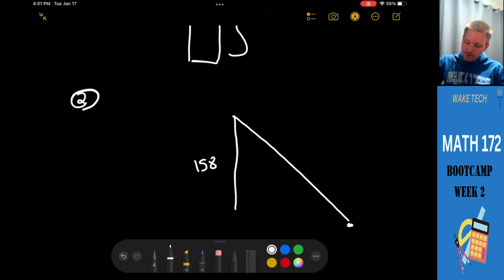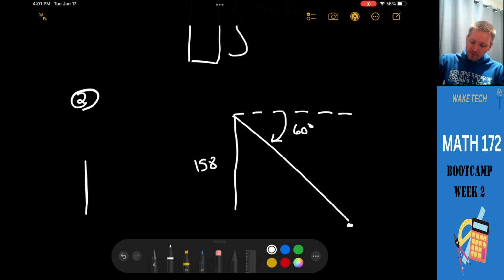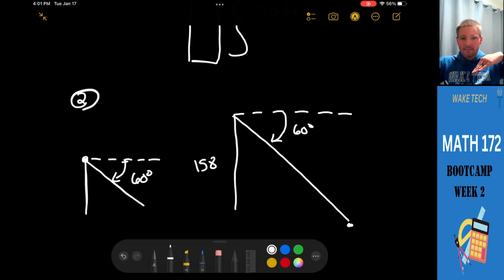So angle of depression: what that means is if you're at the top of this lighthouse, I'm going to draw another lighthouse over here. If you're at the top of it and you look straight ahead, you have to depress, meaning push down, your line of sight by 60 degrees. That's what angle of depression means.